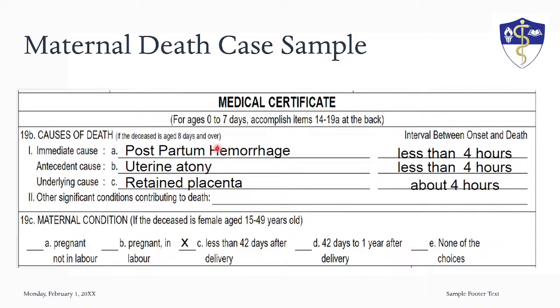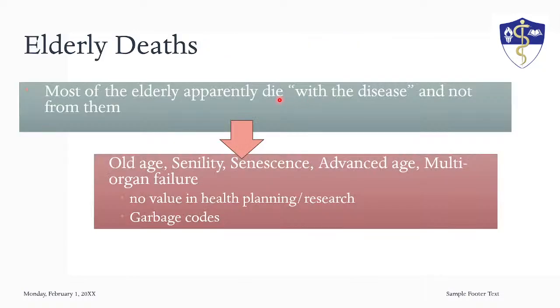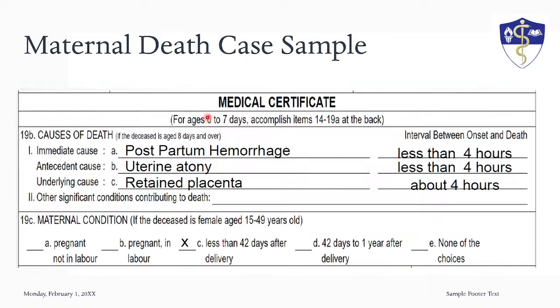Postpartum hemorrhage is a maternal condition that is also a cause of death. Okay? So, retained placenta ang magiging underlying cause. And this is the one that will be in the statistics. Okay, so less than 42 days after delivery. Next. Okay na. So that's an example of the maternal death case sample.